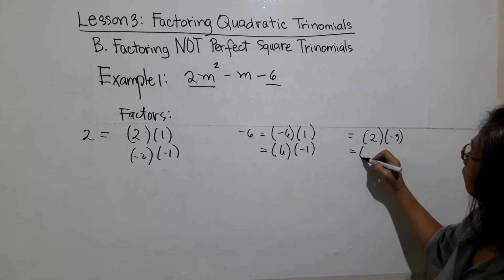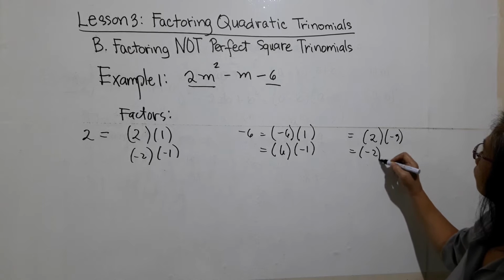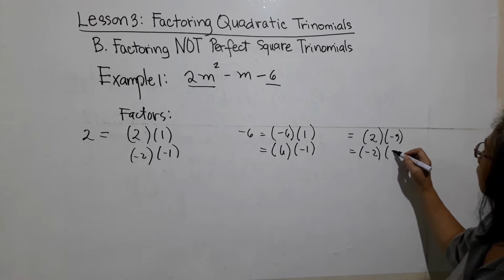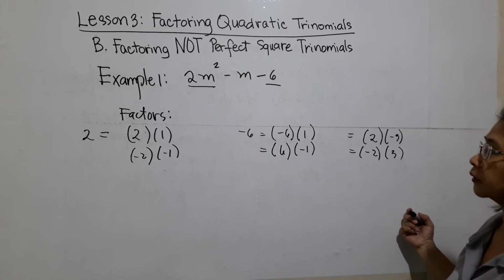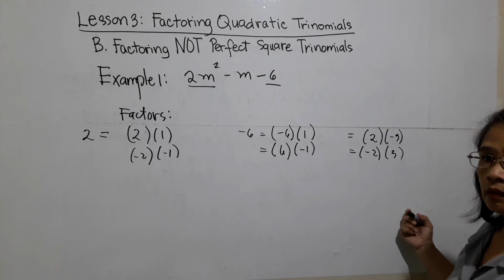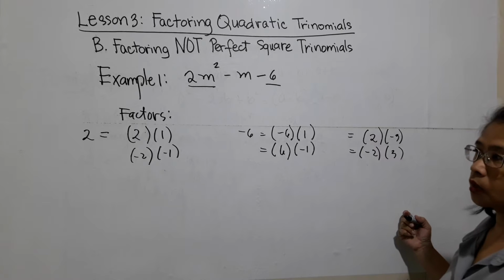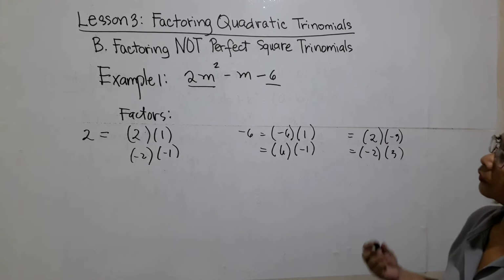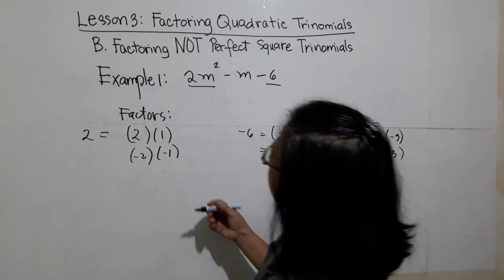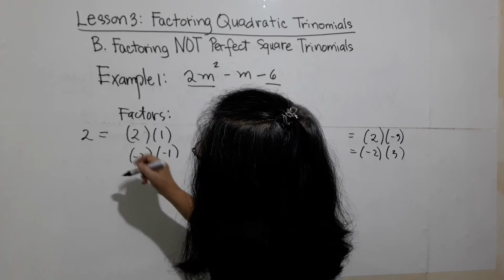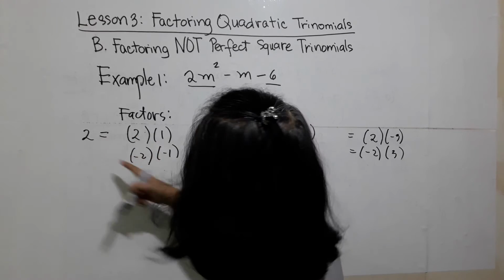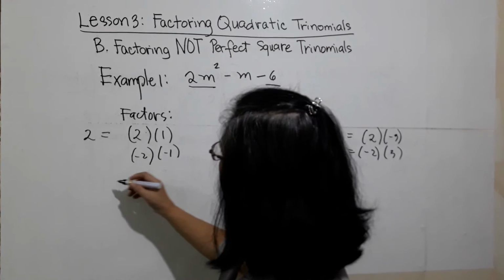Or it could be negative 2 and positive 3. Right? Do you still have pairs of factors of negative 6? I think no more. Okay. So, we have to try the factors given for 2 and also for negative 6.